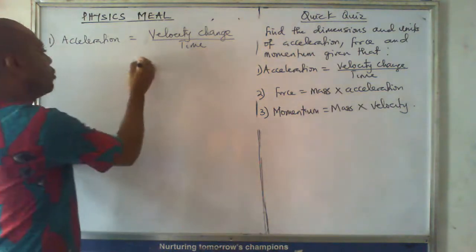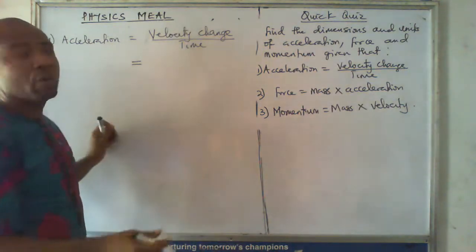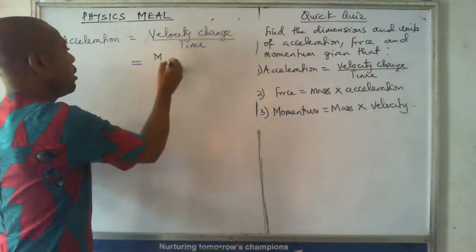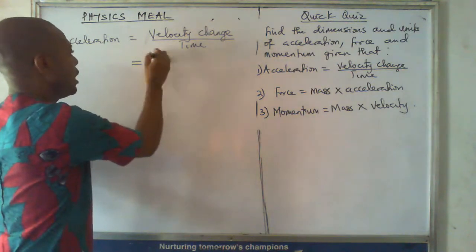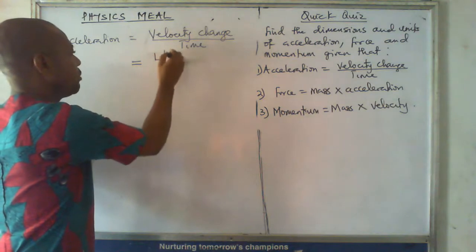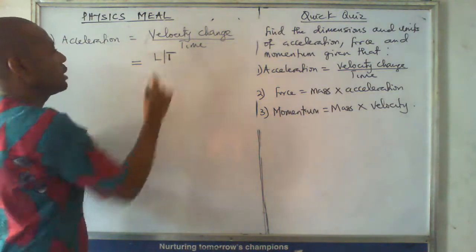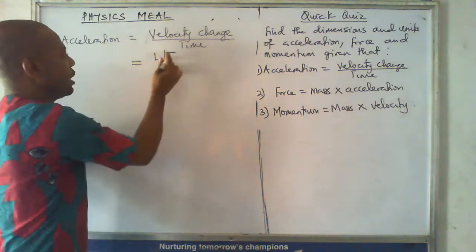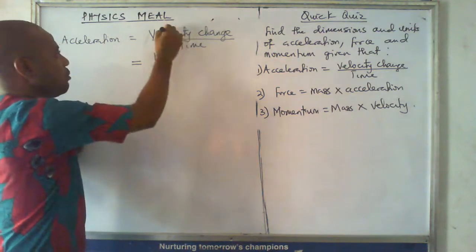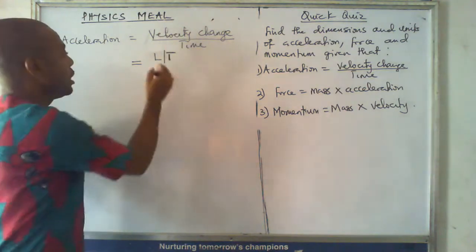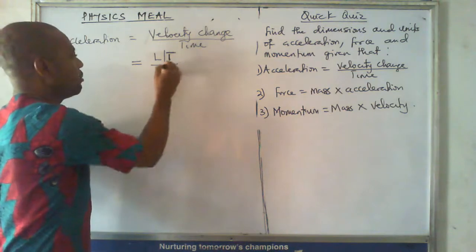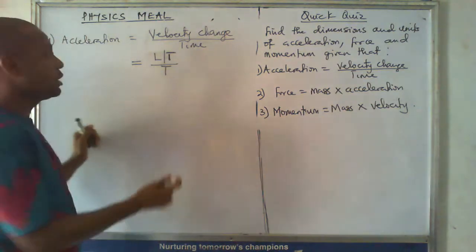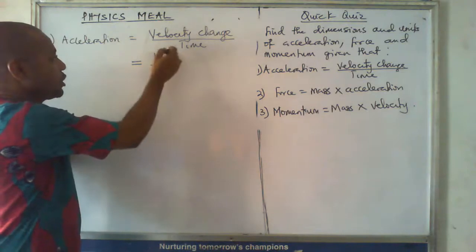We have actually obtained the dimension of velocity before. Velocity is length per time. Velocity change has the same dimension as velocity, so all upon time. So length per time divided by time, because velocity has the dimension of length per time.